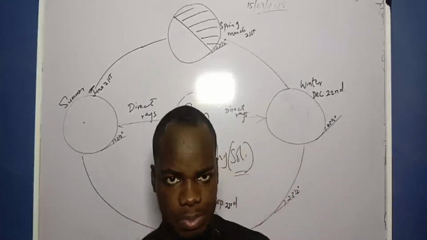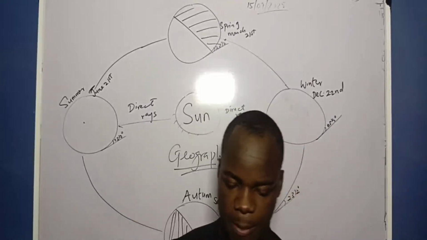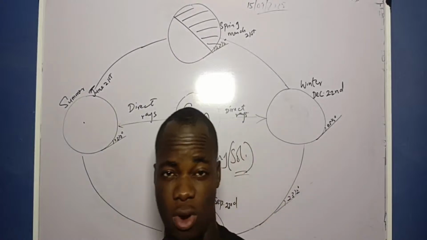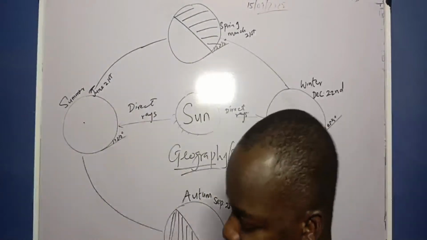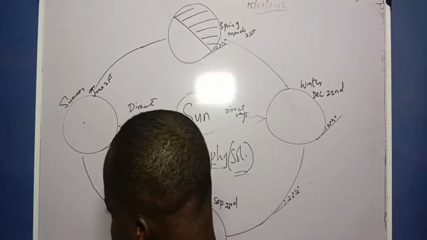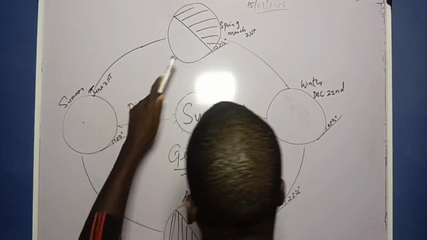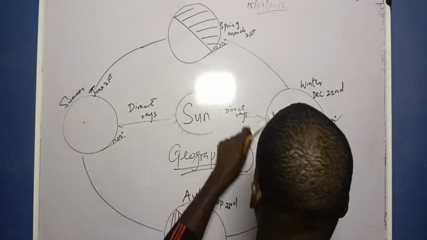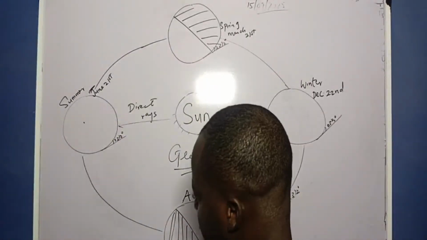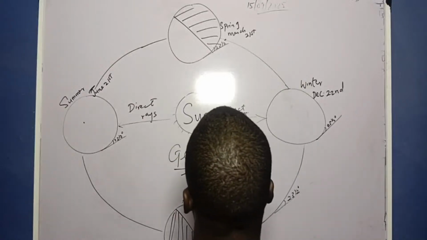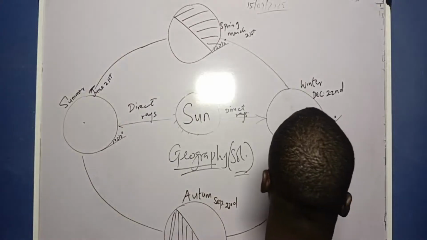So, when you talk of solstice and equinox, you should have in mind that we have the four phases of the Earth during this time of changes.